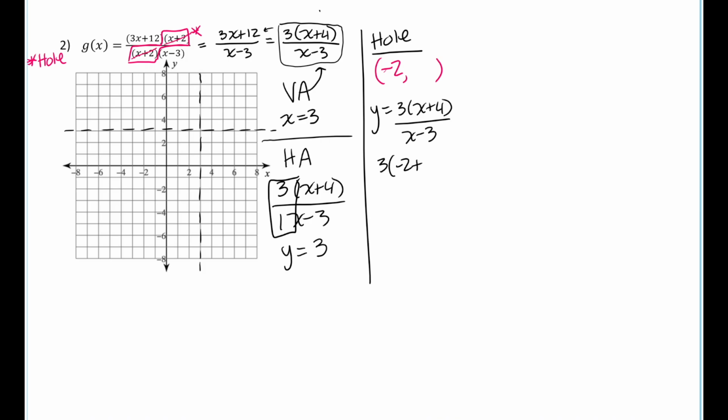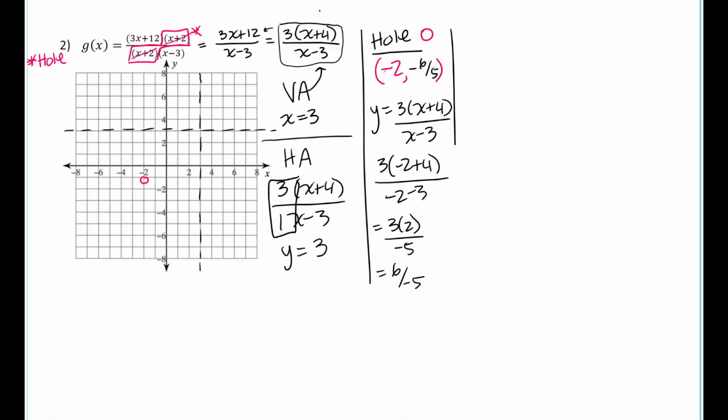So -2 plus 4 over -2 minus 3. There we go. Okay. So 3 times 2 over -5, which is 6 over -5, or -6/5. So I'm going to draw a hole in the graph at -2 and -6/5. So about right there. But remember, make it really obvious. Draw a hole in the graph.